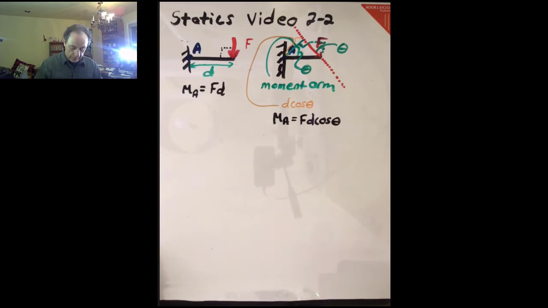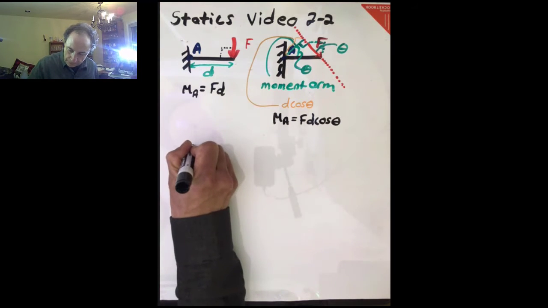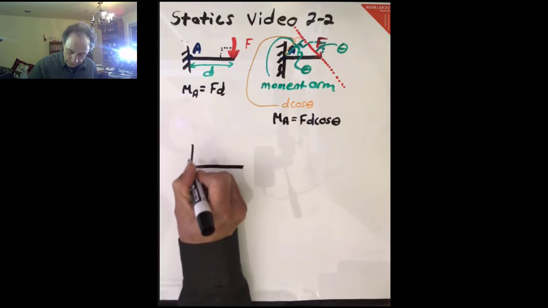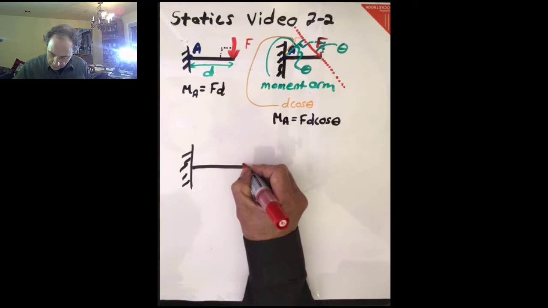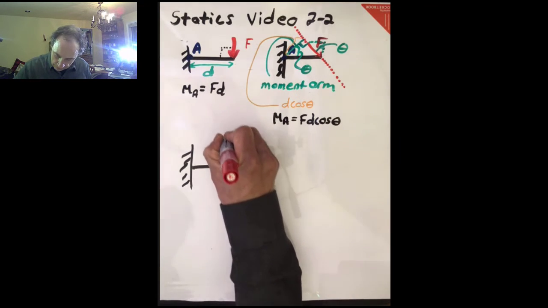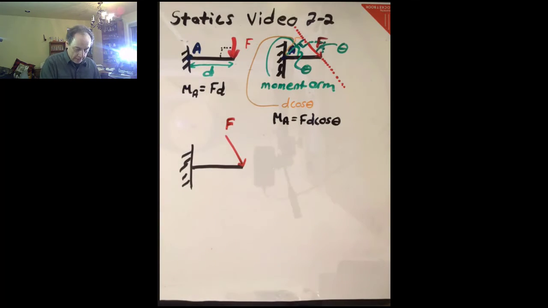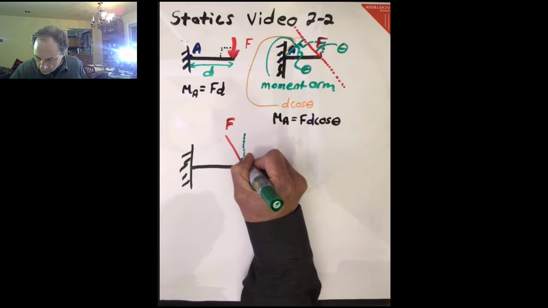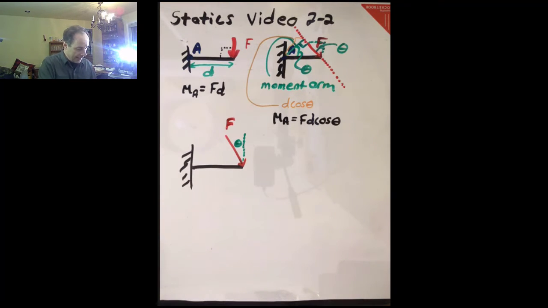So let's look at it a different way. We've got the same beam, the same force, the same angle theta, and we still have this distance d.